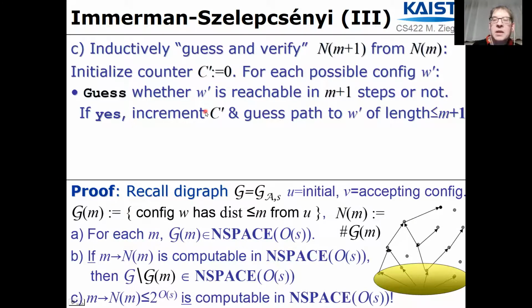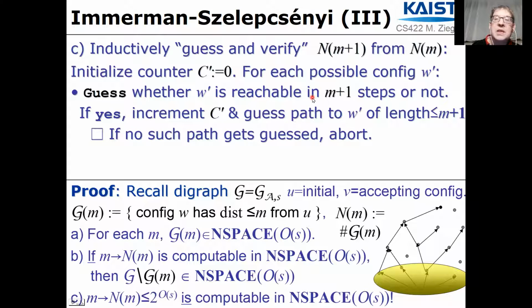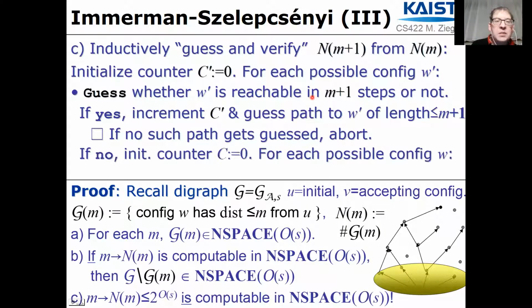So again, the approach here is to guess for each possible configuration whether it is reachable in this number of steps. And if the guess says it is reachable, then verify that it indeed is, and again, abort if we cannot verify the correctness.